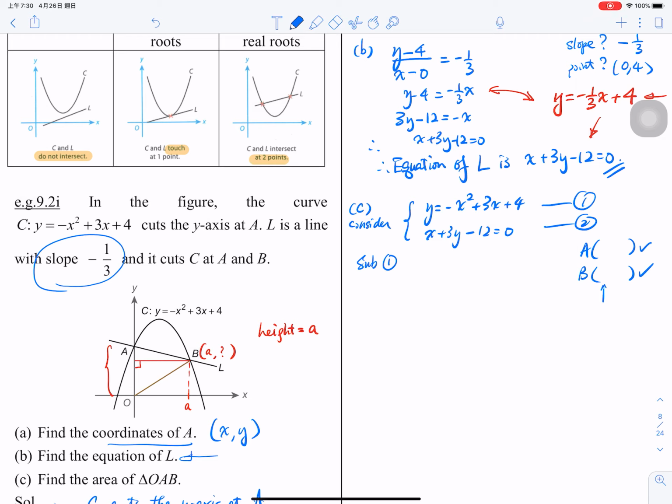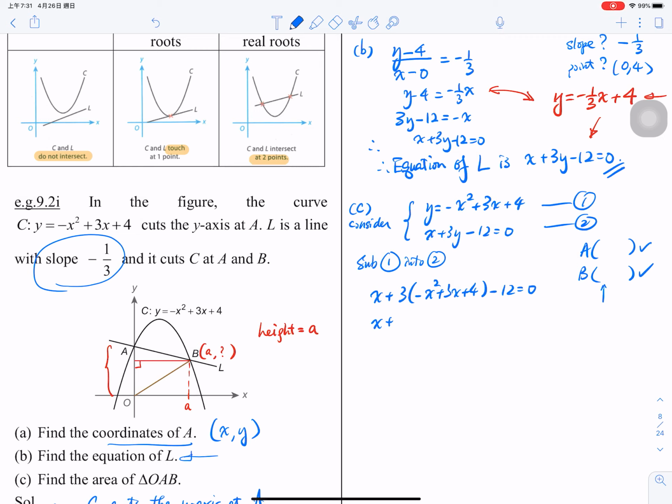Substitute the second equation, or the first equation into the second one. Both can be, okay? So now this one is y. Okay, this time try. Substitute the first one into the second one. Means x plus 3y, so y equals to negative x squared plus 3x plus 4. Okay, that means we now get the quadratic equations.